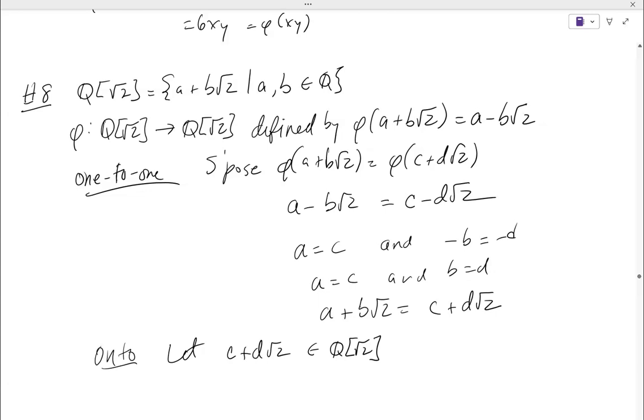That's an arbitrary element of the codomain. What thing in the domain will get mapped to that element under this function? What thing should we pick in the domain to map to it? Well, it usually is going to be in terms of whatever element we picked.